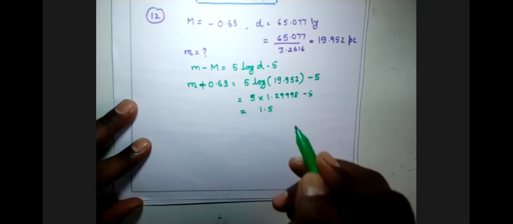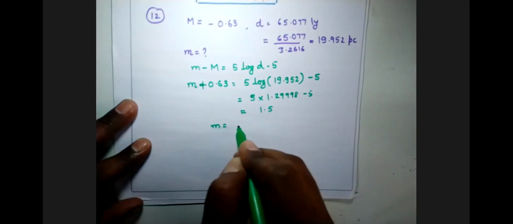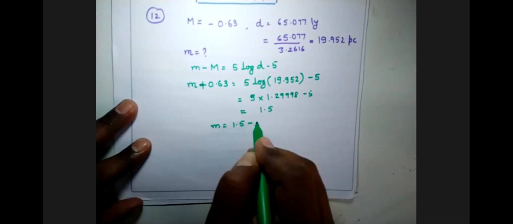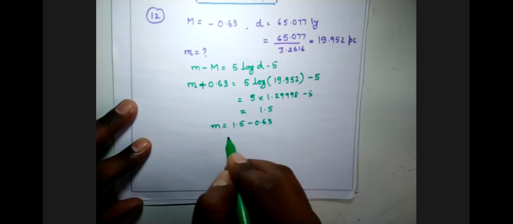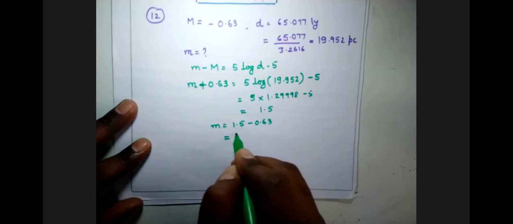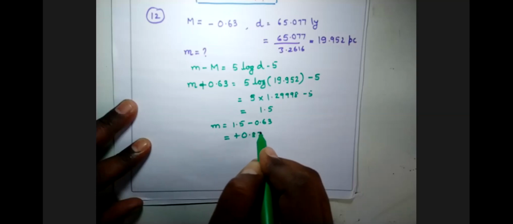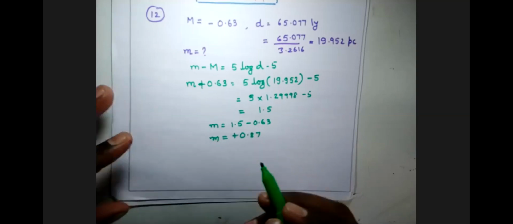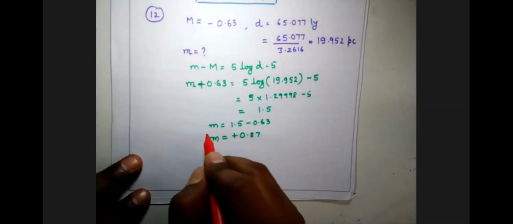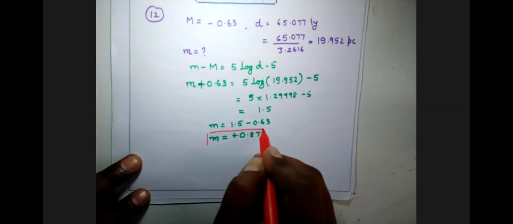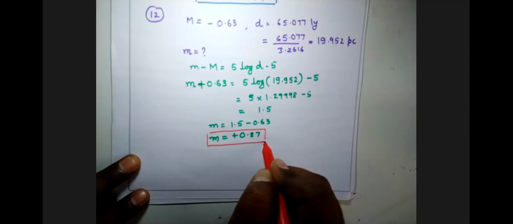So m is equal to 1.5 minus 0.63. This is equal to plus 0.87. So the apparent magnitude of the star comes out to be 0.87.